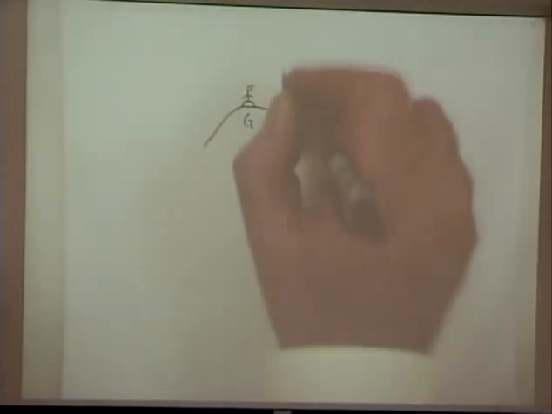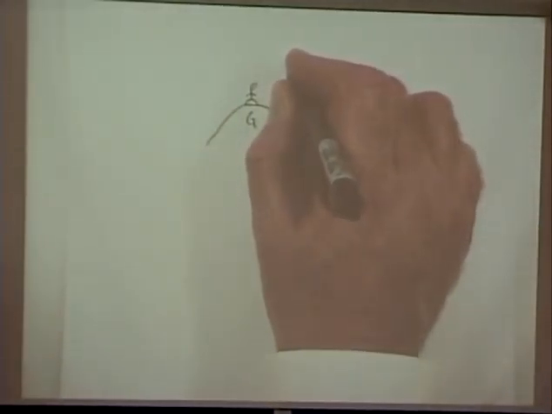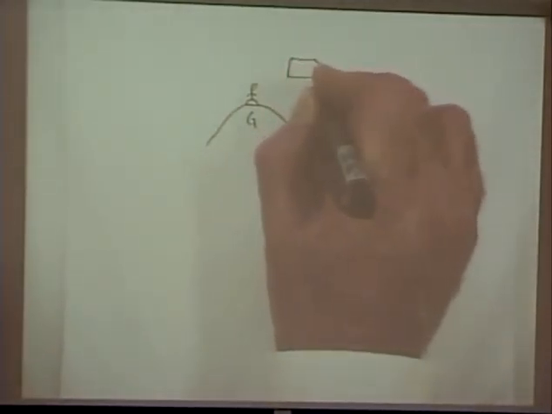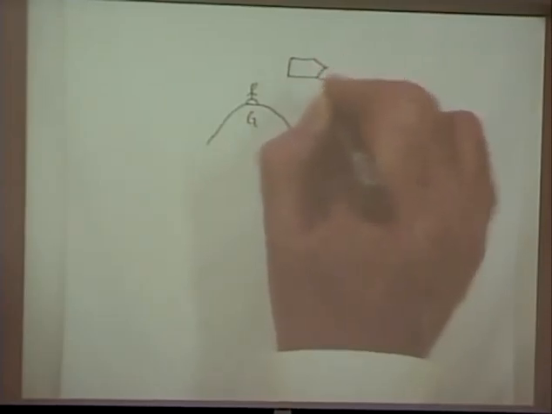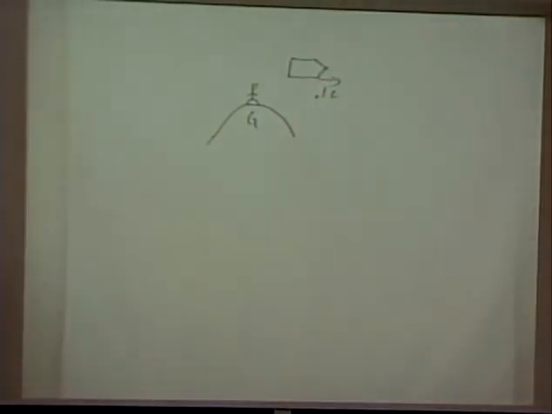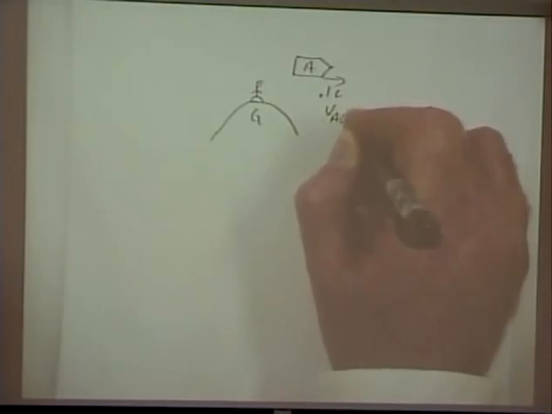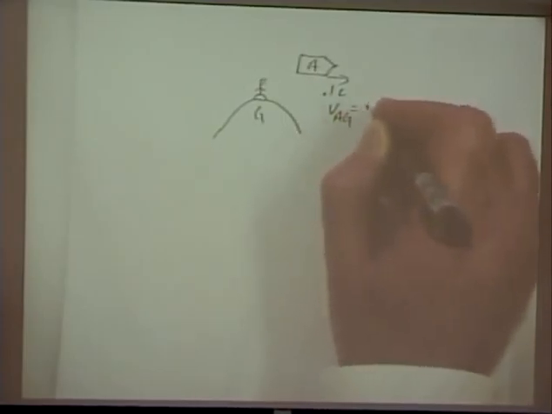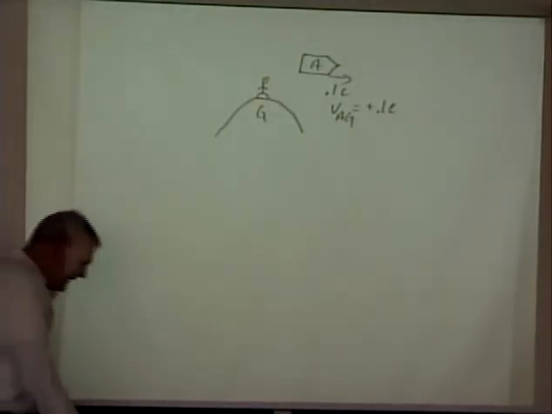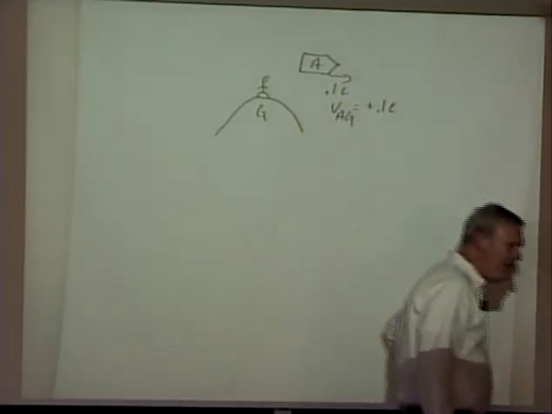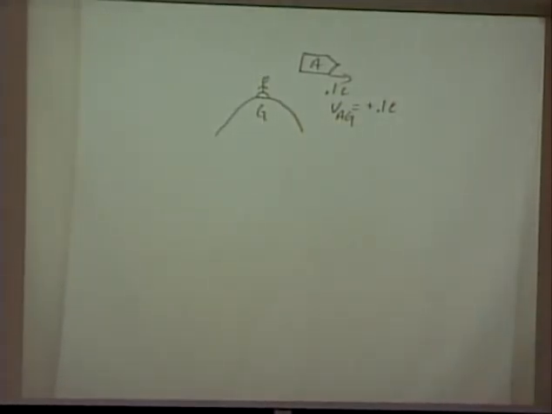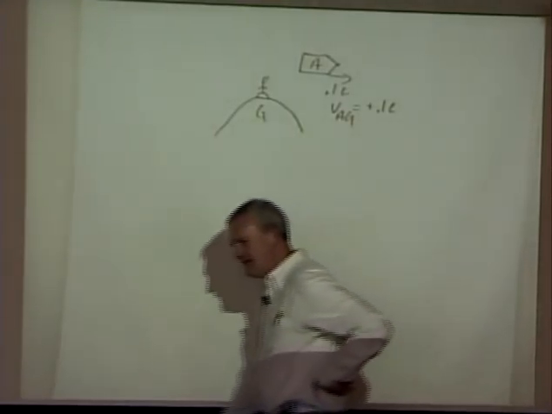So we launched this little rocket, and it's going at 0.1 c in that direction. We'll call this A, and this is the velocity of A relative to the ground equals positive 0.1 c. Now, they've shot this rocket at a meteor that's hurtling towards Earth.